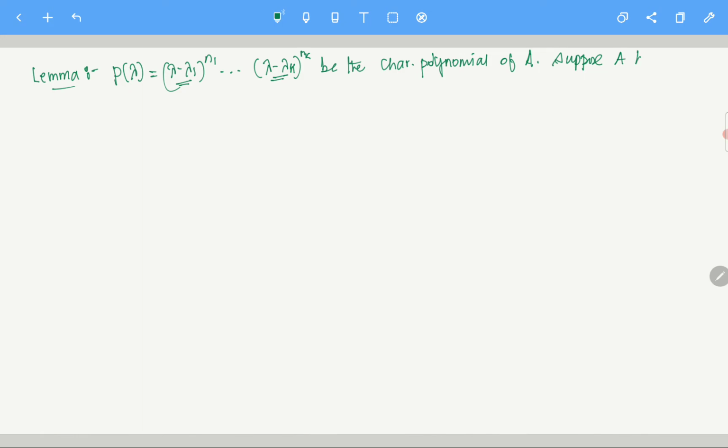Now suppose A has only vj, which is less than nj, linearly independent eigenvectors corresponding to lambda j. See, the multiplicity of lambda j is nj, right?